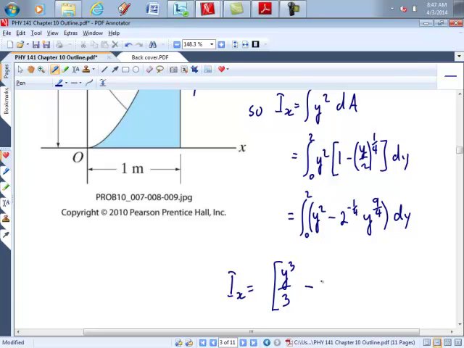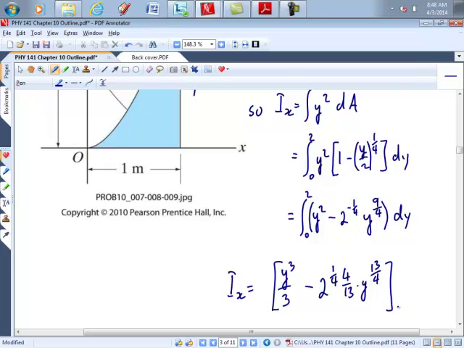And we've got our constant of 2 to the negative 1/4. And the y to the 9 over 4 is going to go to, right, 4/13 times y to the 13 over 4. We just increase that by 1.